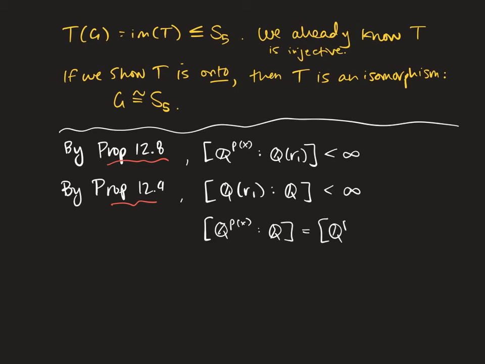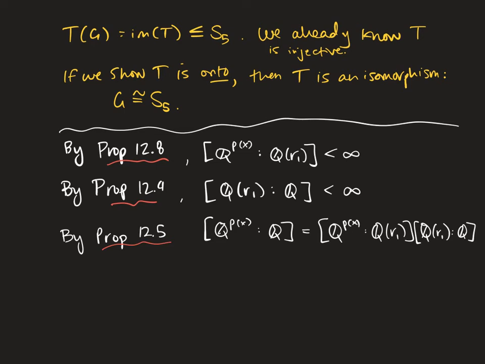So I've got Q adjoin the roots of p of x over Q adjoin R1, and then Q adjoin R1 over Q. So this is also a finite dimensional vector space, and this is proposition 12.5. That says if you want to figure out the dimension, you can break it up into smaller pieces here.